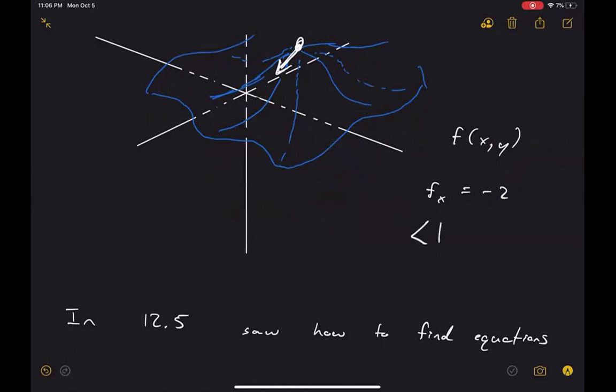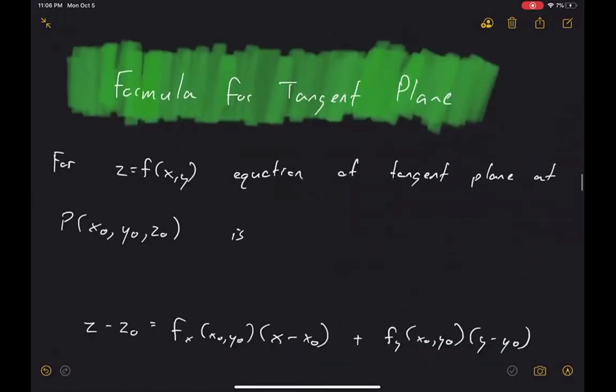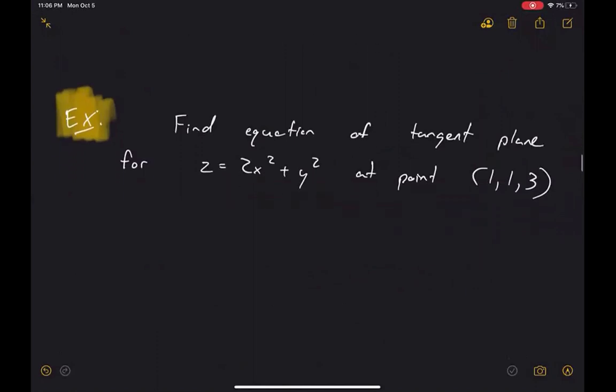It's like saying, I'm going to move 1 unit in the x direction, and I'm going to move -2 units in the z direction. Okay, so that's how I find my tangent vectors.